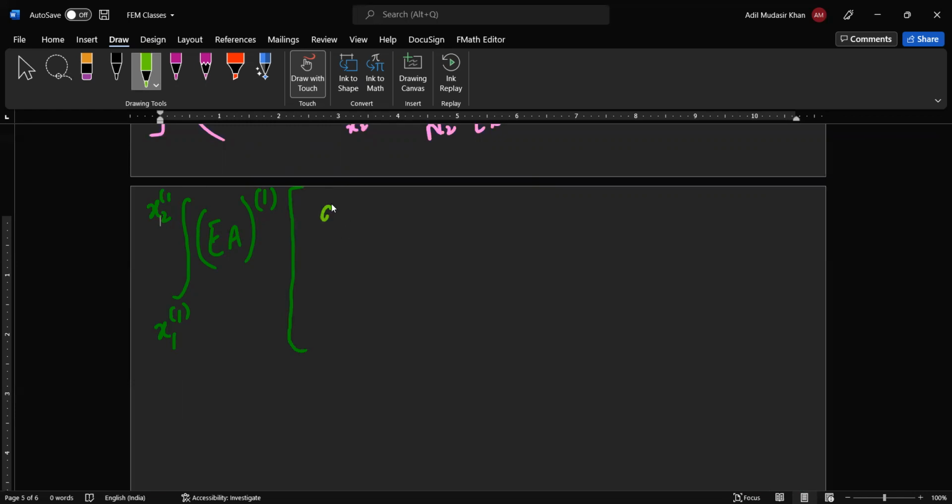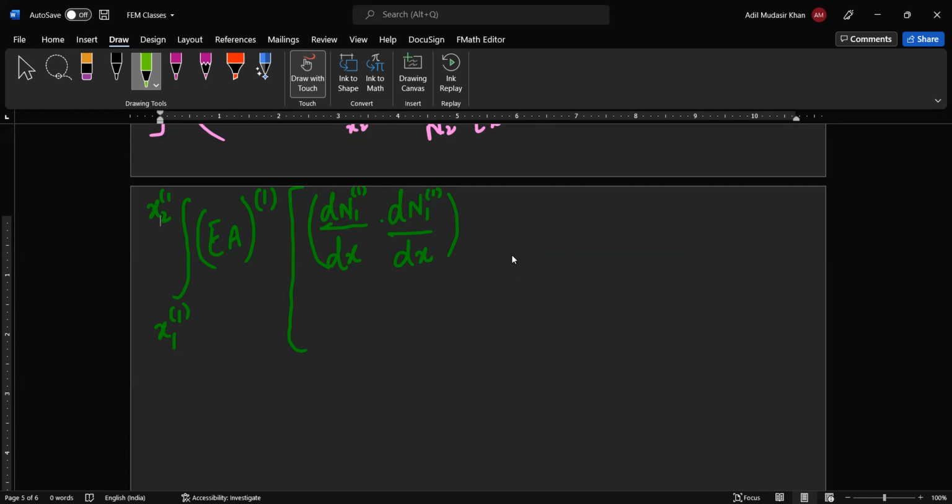The first element we will write dn1 by dx and dn1 by dx for element 1. So this is the first element of our matrix.